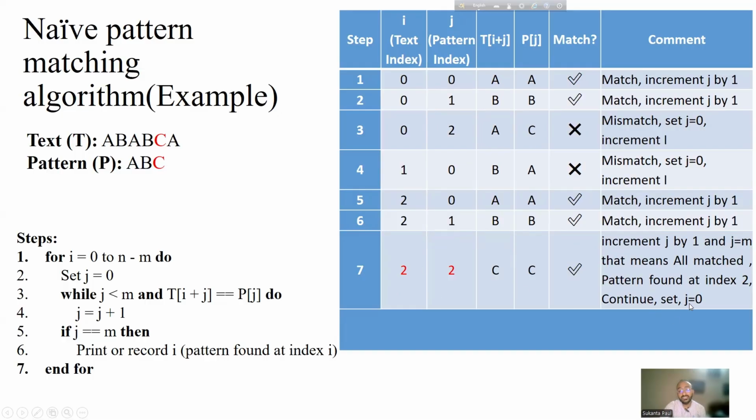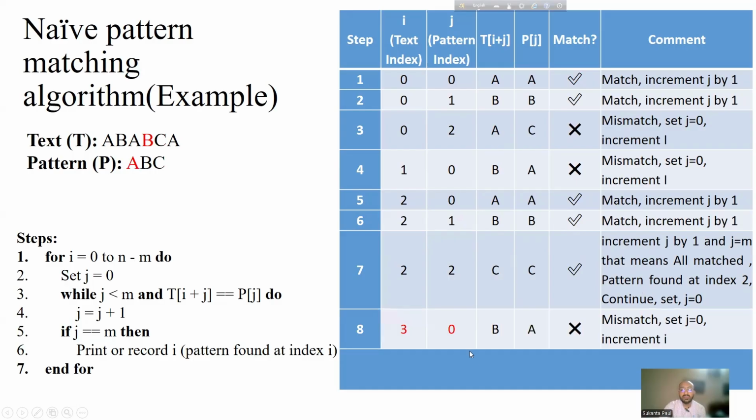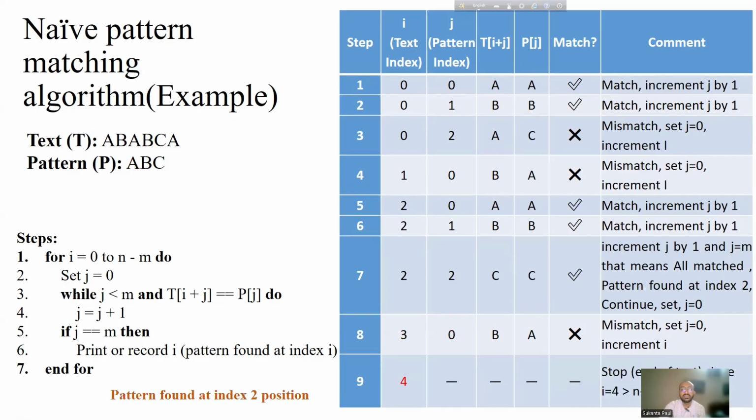Now we will continue again. We will increase the value of i by 1 and set j equal to 0. Here we see that at the ith position of the text and the jth position of the pattern, there is a mismatch. If there is a mismatch, set j equal to 0 and increment i.